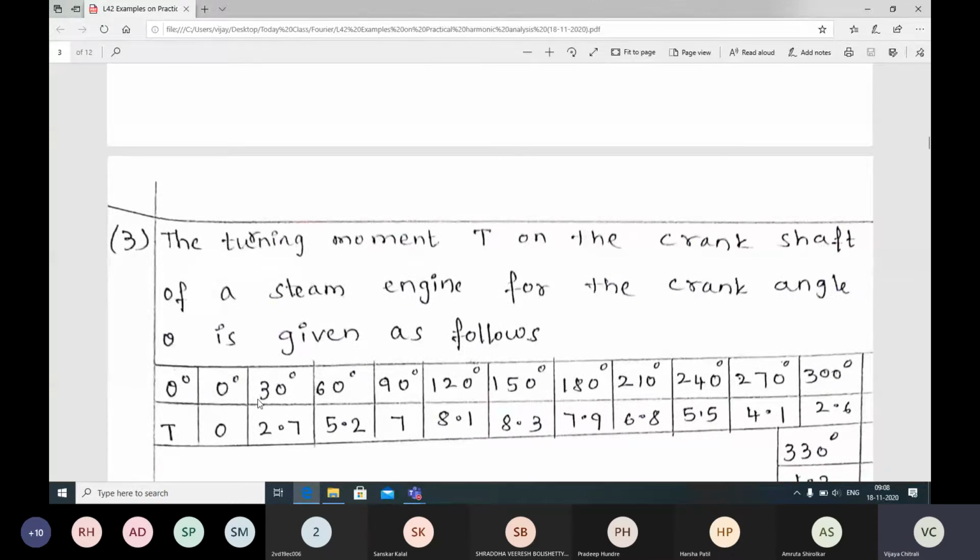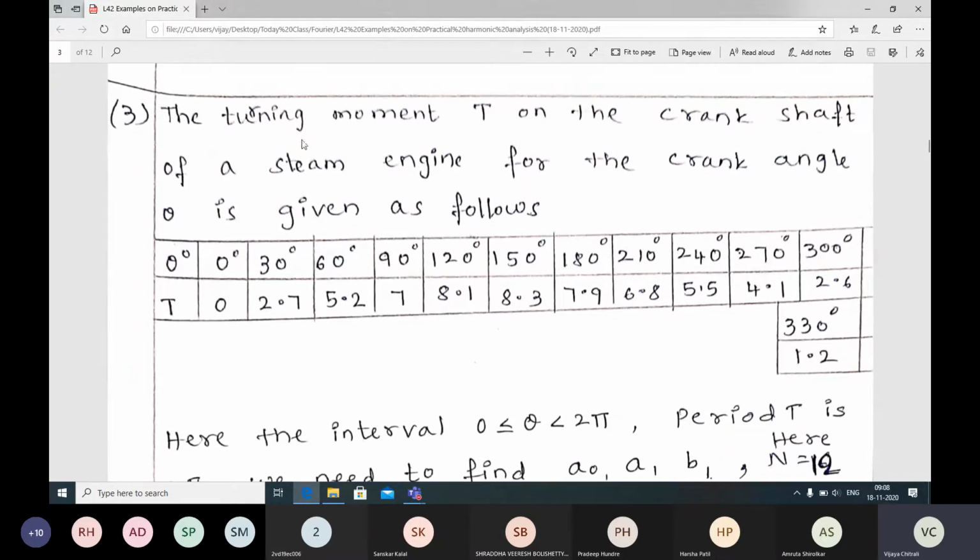So today's first example: the turning moment T on the crankshaft of a steam engine for the crank angle theta is given as follows.